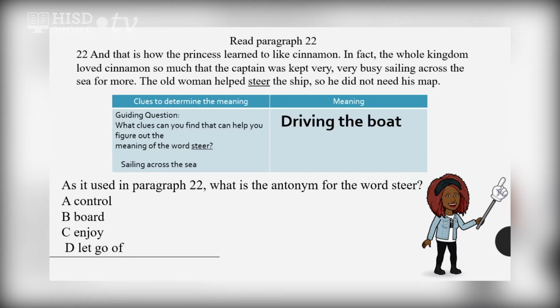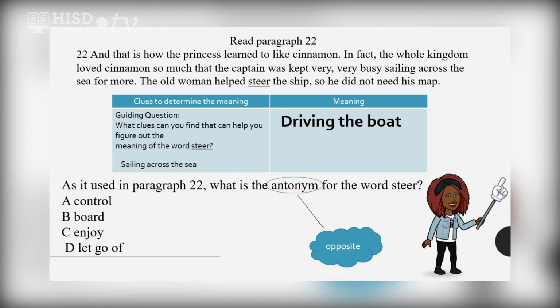She was steering the ship, they're sailing across the sea. So I know they're talking about some type of boat or ship. And so steering must mean to be driving. So from there, I want to look for an antonym for the word steer. And I know antonym again means opposite. So I'm going to look for a word that is the opposite of steer.